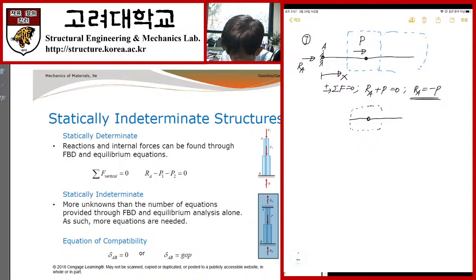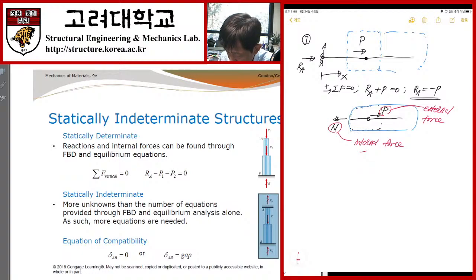This is better. So this is my free body diagram, and then I can imagine I have an internal force N, and then I have external force P. Please make sure that this one is the external force, and this one is the internal force. I told you several times that internal force is what? The stress resultant.